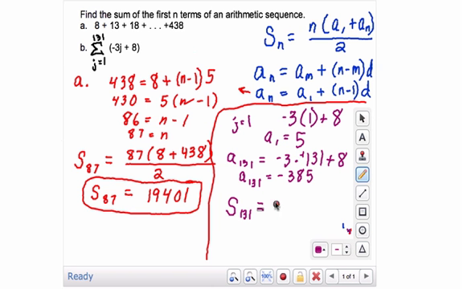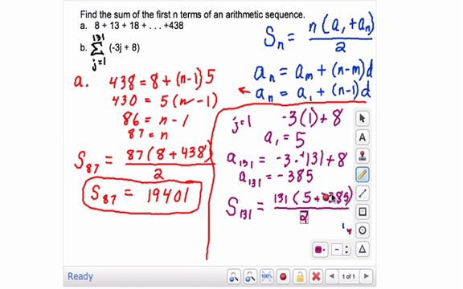So going back up to this formula, n is the same number as here, 131. We're going to multiply that by the first term, which we found was 5, and add the last term, plus negative 385. And we're going to divide that by 2.